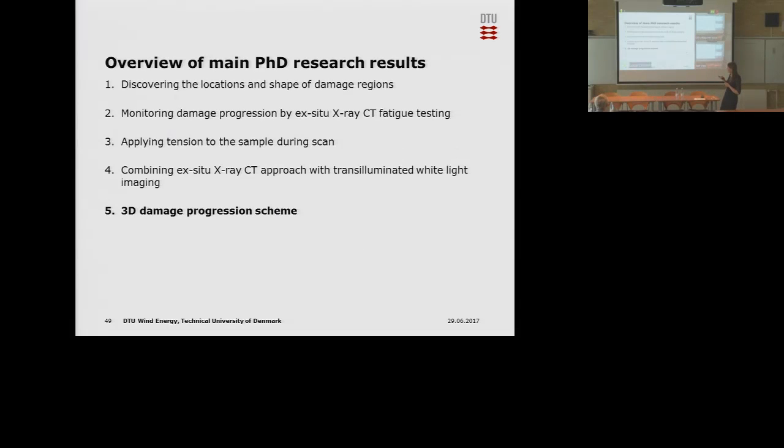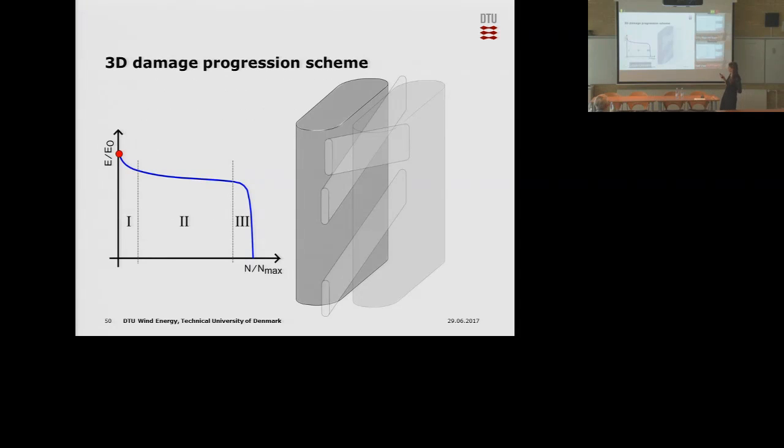So, combining this into a 3D damage progression scheme, I'm just going to try to explain how I think the damage progresses. This is a unidirectional fiber bundle on each side of a crossover region of the backing, and also one single backing fiber bundle here, and they are touching each other here.